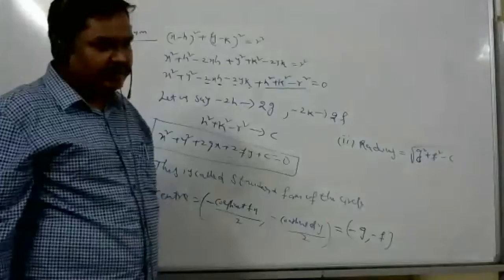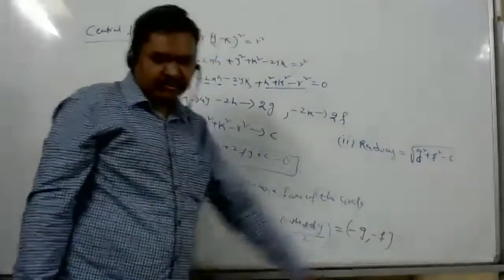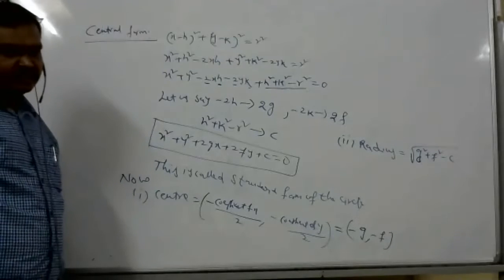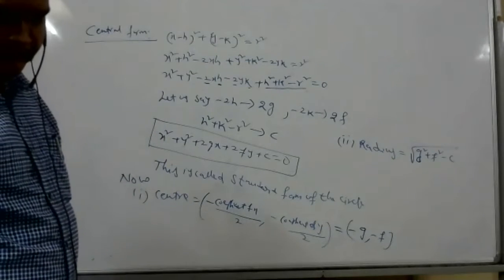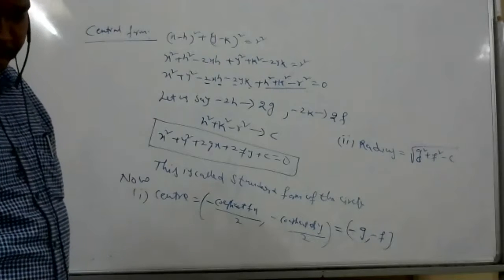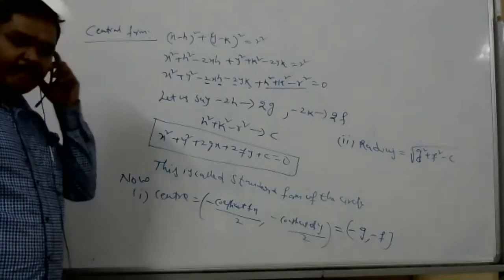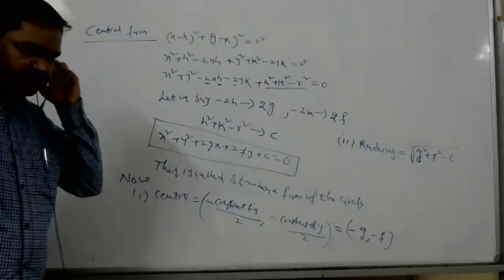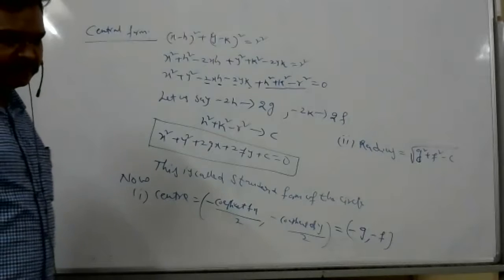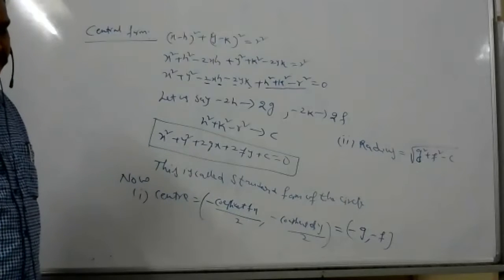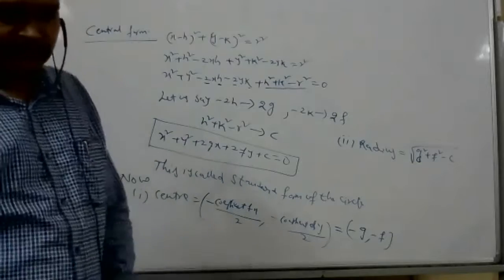Radius r is equal to under root, and minus c is under the root, right? Thank you, sir. Completed? Yes, sir.